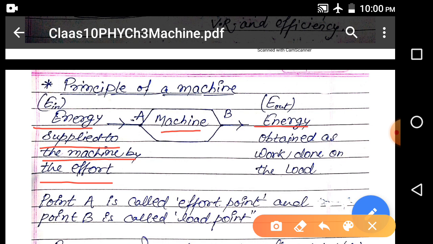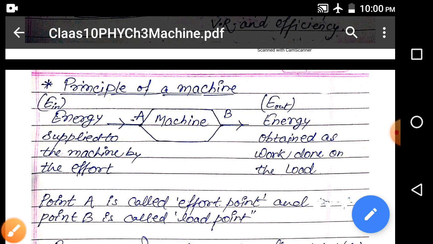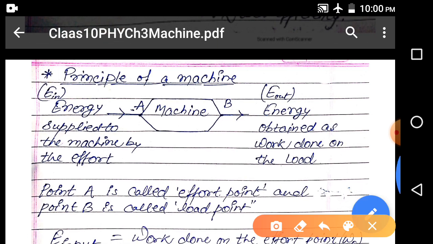If a machine can exert a force, that means the machine has some energy, and this energy should be supplied by an external source. So first energy is to be supplied to the machine. This energy which is supplied to the machine by doing some work is called energy input.